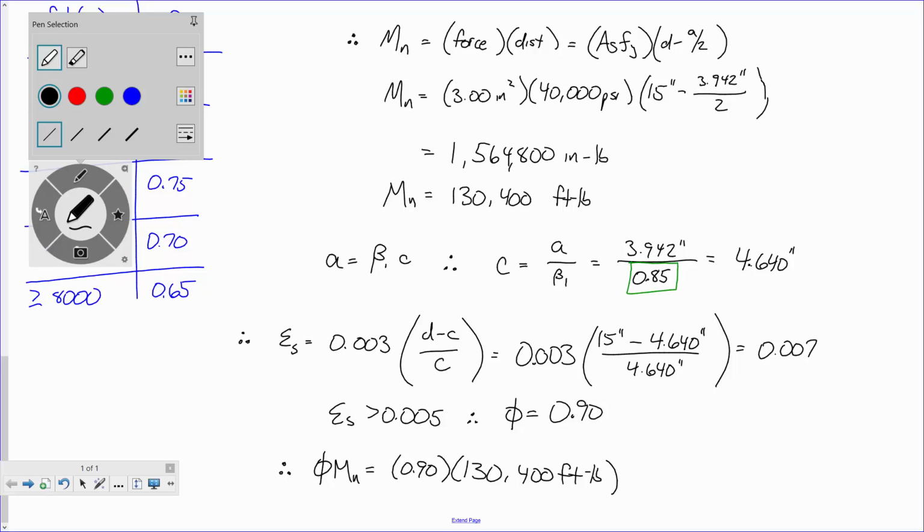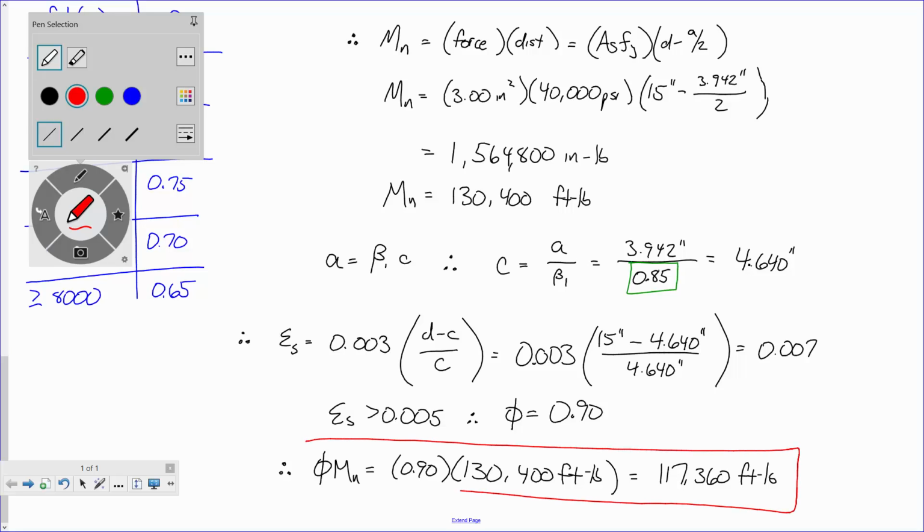That was the moment capacity we calculated. And what is that? So that's my equation 2, if you will.